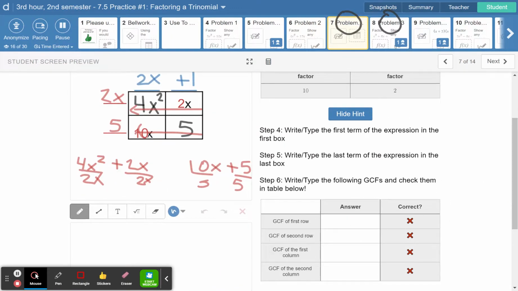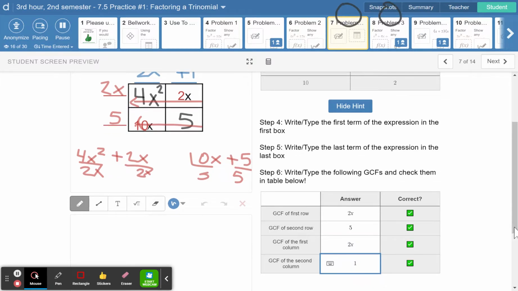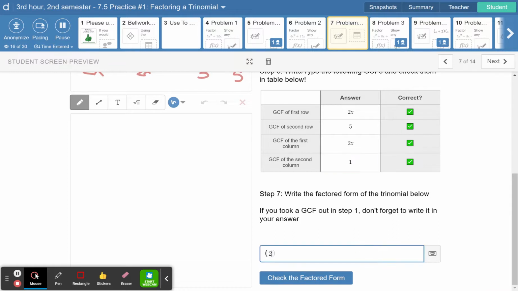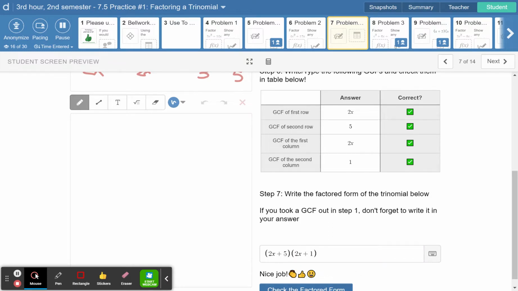Let's double check. Now, as long as you group the GCF of the rows together and the GCF of the columns together, you will get the correct answer. The answer is parentheses 2x plus 5 times parentheses 2x plus 1.